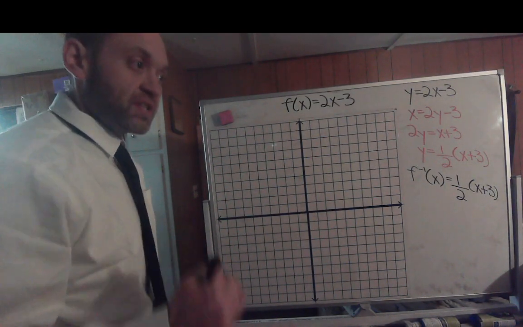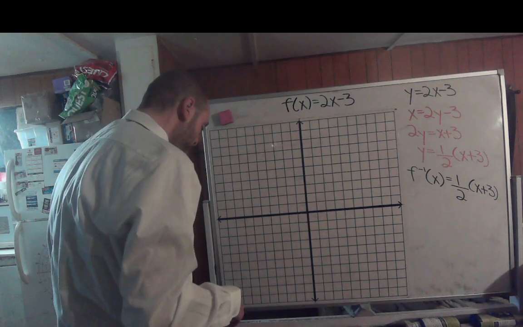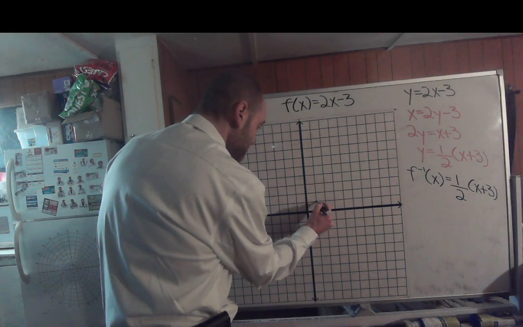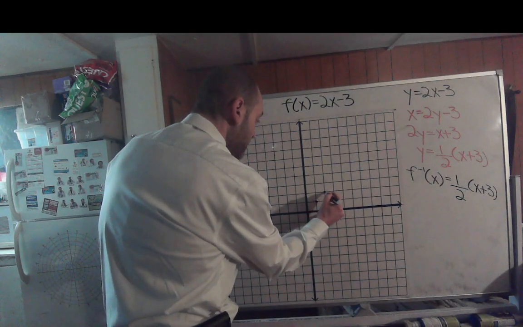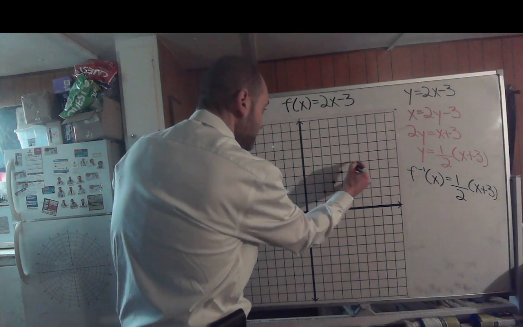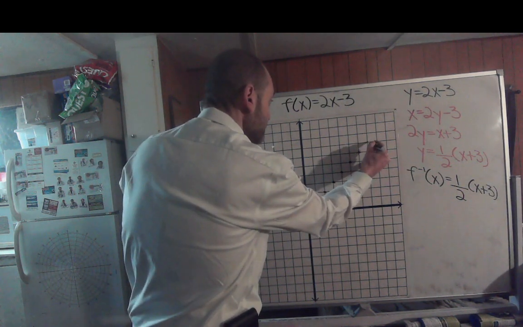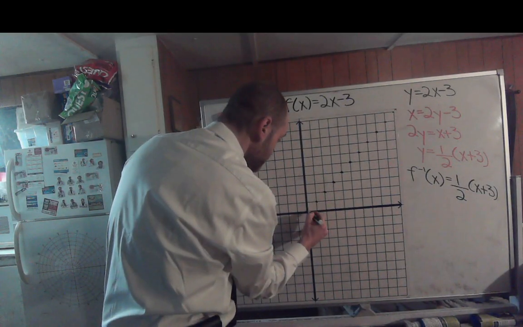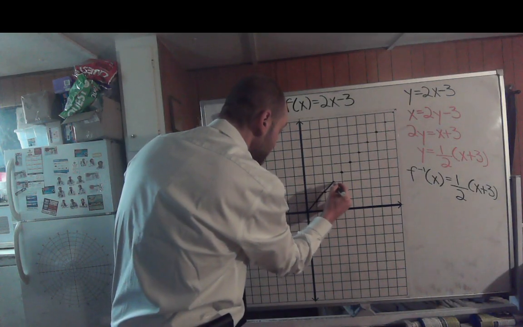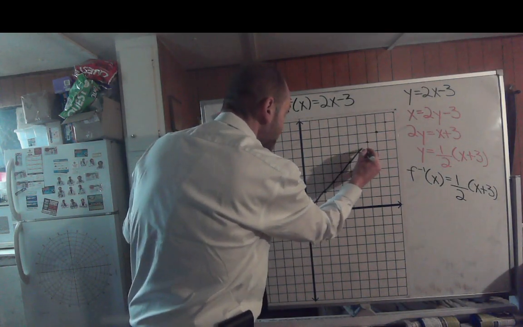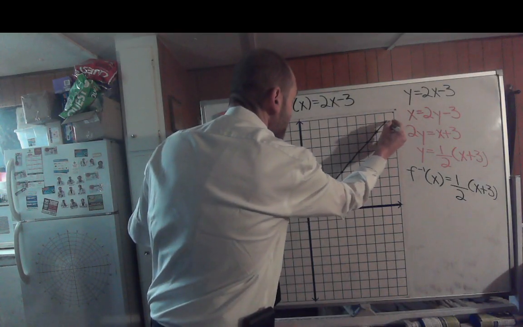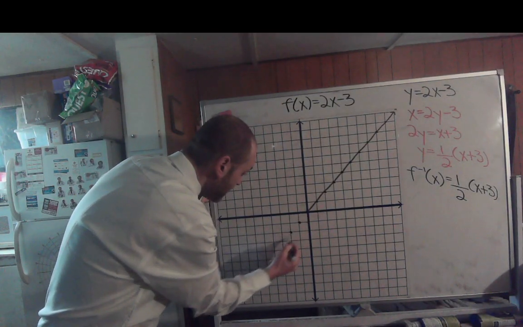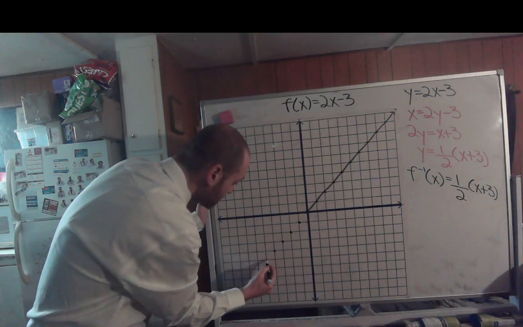Now I'm going to show you something cool graphically. So let's just draw the line y equals x. There's a reason I'm doing y equals x. It's very important that I do this too. I want a nice straight line here, as straight as I can get it. Because graphically, it's very impressive what happens here.